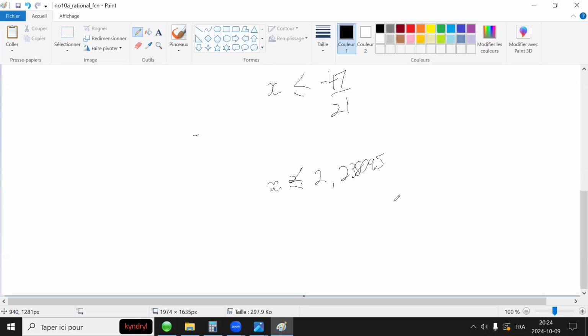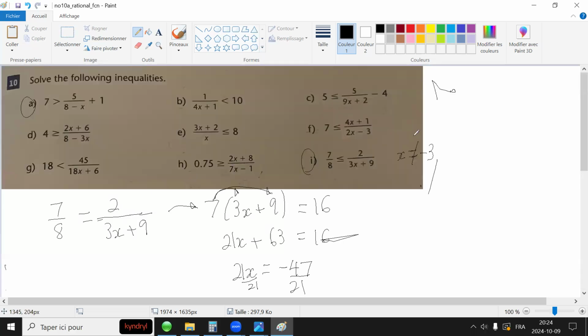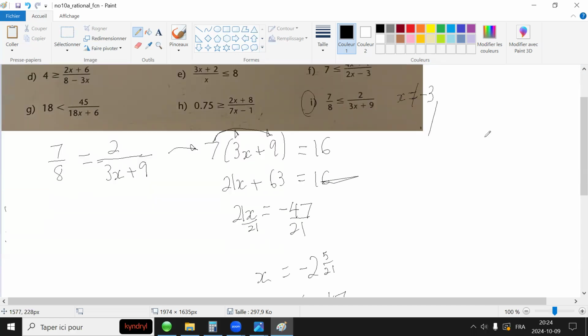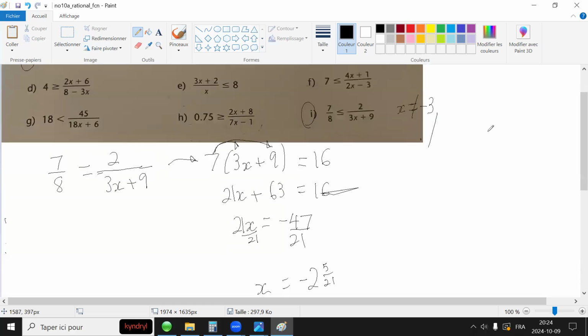Let's say I challenge myself. I did mention that there's an asymptote at x equals minus 3, so we have to take that into consideration. What else did I want to say?